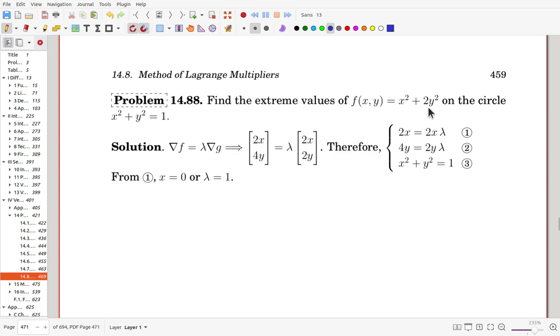For this one, the x derivative will be 2x, the y derivative will be 4y, equals lambda times: x derivative is 2x, y derivative is 2y. Okay, we reach this one.